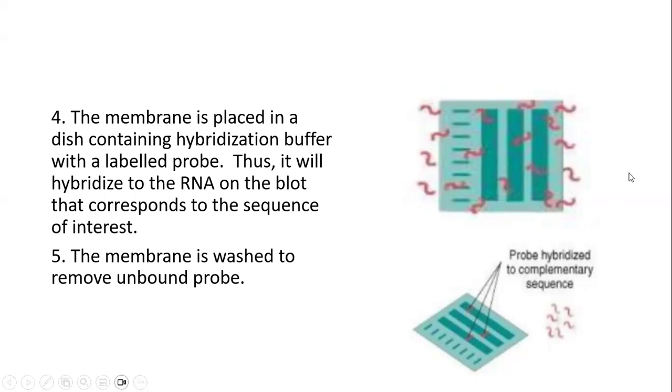After incubation with the probe for about 2 hours under shaking conditions, the next step is washing to remove any excess or unbound probe, and then only the specific RNA fragments will be bound by the probe.